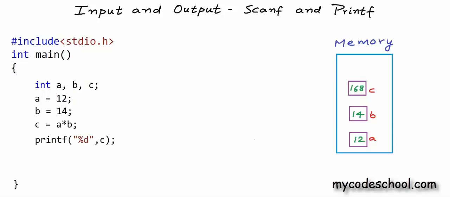The printf function, if you remember this from the previous lesson, is used to print a formatted string. The first argument to the printf function should be a string constant or string literal. A string constant is created by putting a sequence of characters within double quotes. The string constant that we have passed to the printf function here has two characters, % and d.